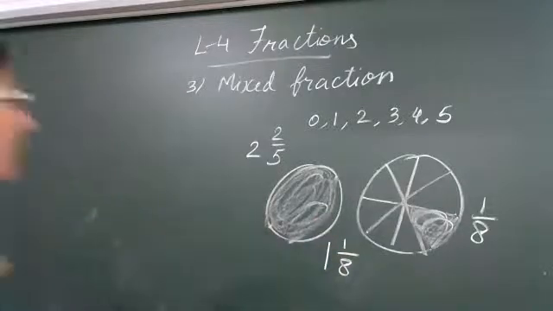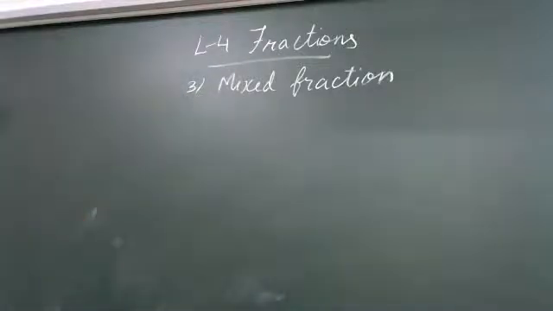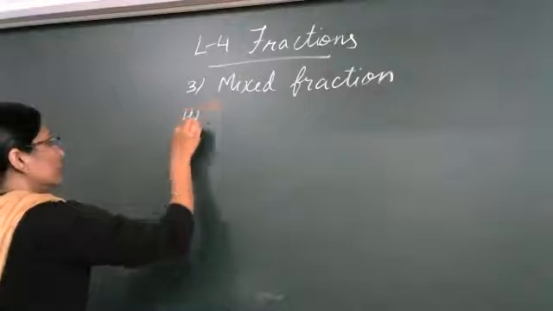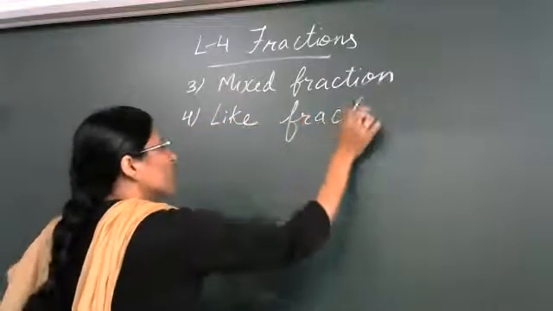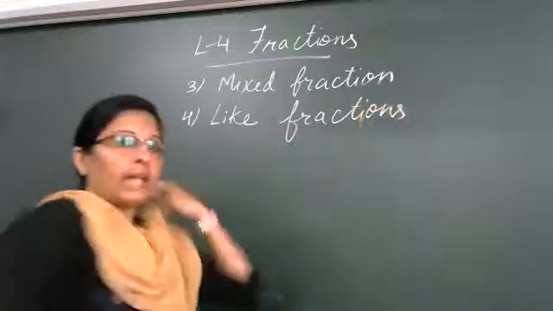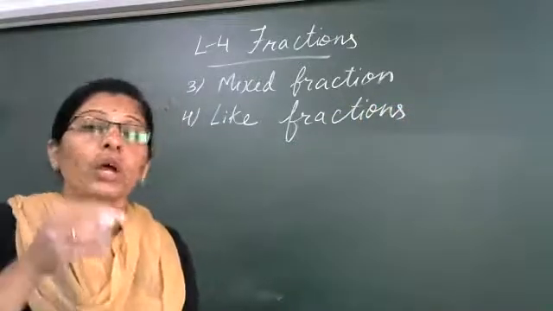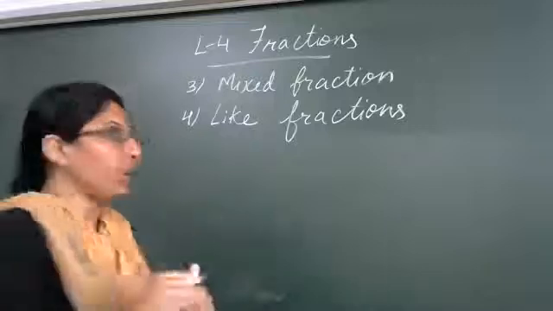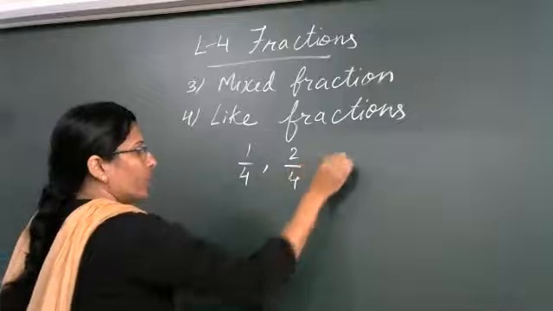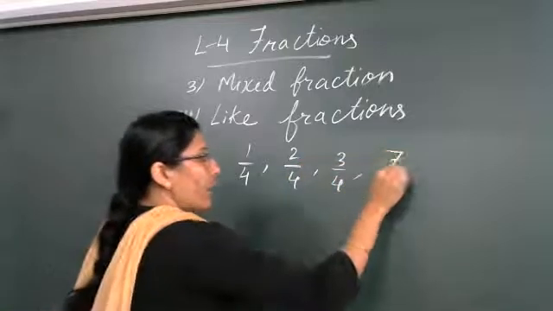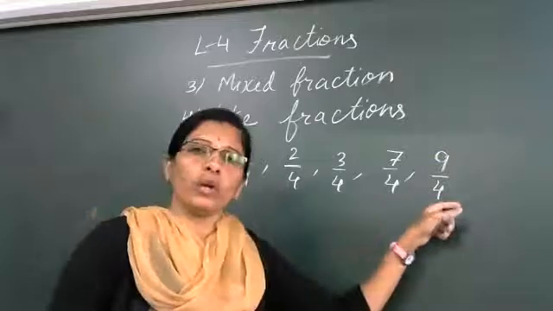Now next, we have like fractions. Like fractions means if two or more fractions have the same denominator, like 1 by 4, 2 by 4, 3 by 4, 7 by 4, 9 by 4, they have the same denominator.